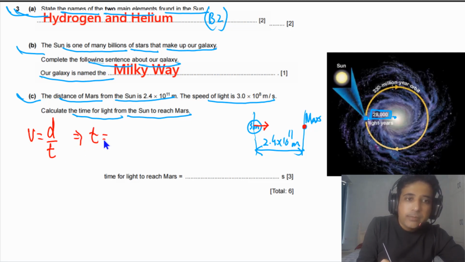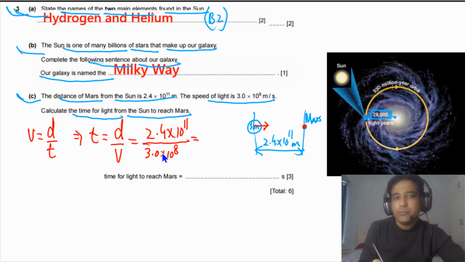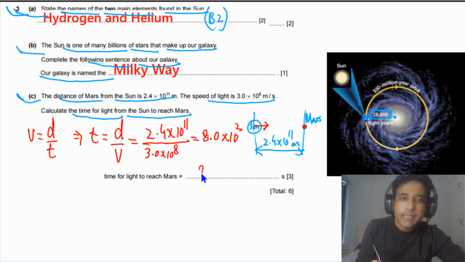So the time will be equal to distance over speed, and distance is equal to 2.4 times 10 to 11 meters. You have to be careful with units, and the speed of the light is given, that is 3.0 times 10 to 8 meters per second. So if we solve this one, our answer will be equal to 8.0 times 10 to 2, means 800 seconds. So simply you can say this is equal to 8.0 times 10 to 2 seconds.